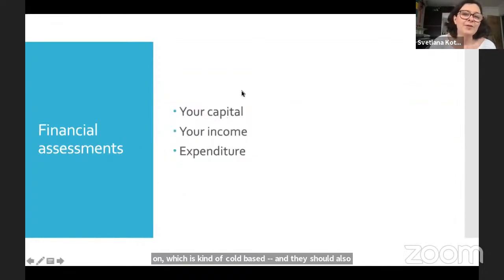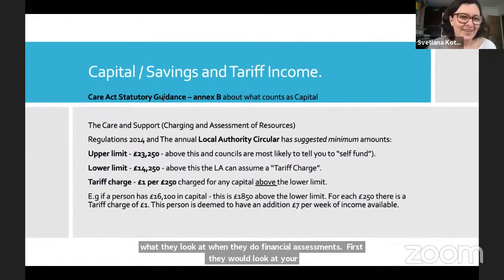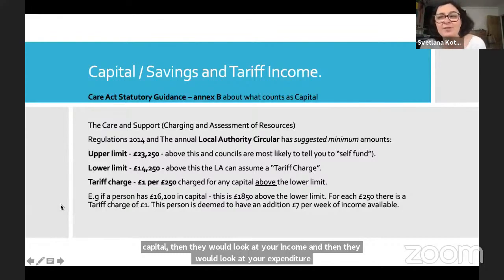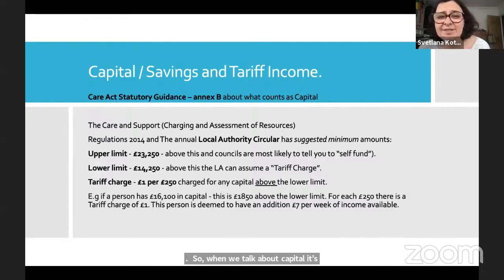So what they look at when they do a financial assessment: first, they would look at your capital, then your income, and then your expenditure. It sounds quite simple, but the rules, of course, are complicated. When we talk about capital, the Care and Support Statutory Guidance in Annex B sets out what is capital and what should be treated as capital and what shouldn't.